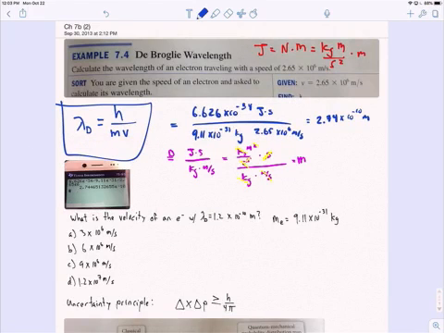So 2.7 times 10 to the minus 10 meters. A hydrogen atom is about 0.51 angstroms, so that's about 10 to the minus 10. So it's about half the size of a hydrogen atom. So that's the wavelength of an electron at this speed.